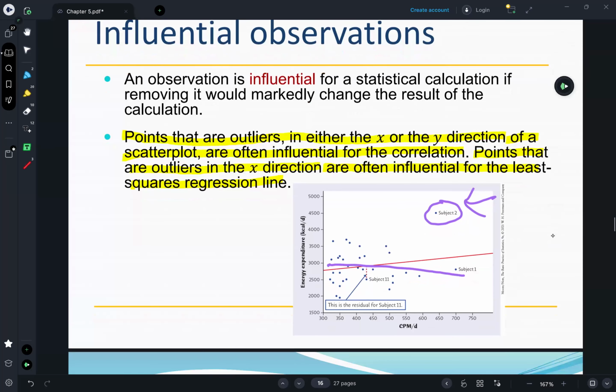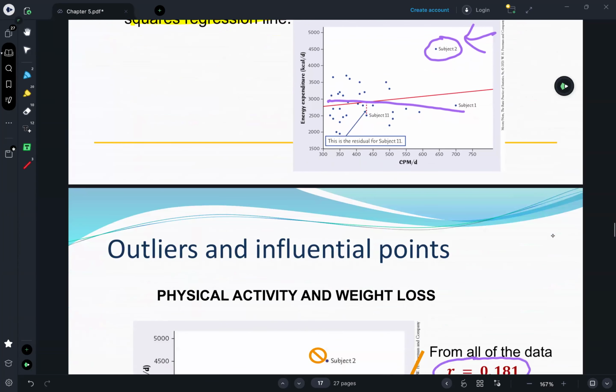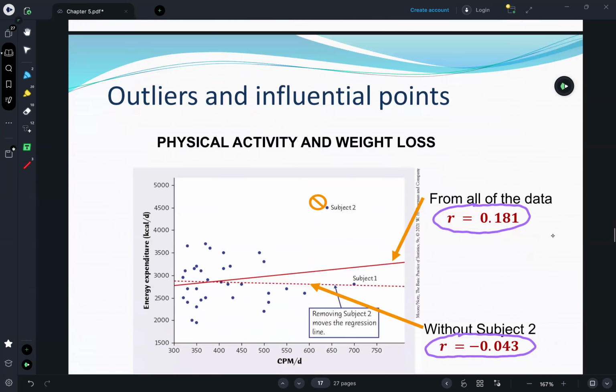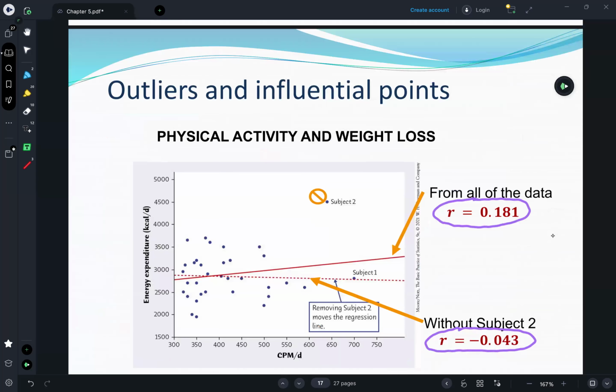That's subject 2. And there it is again. We can see the value of the correlation R calculated using all the data: we get 0.181. And when we remove subject 2, right here, if we remove that point, we get a correlation of negative 0.043.